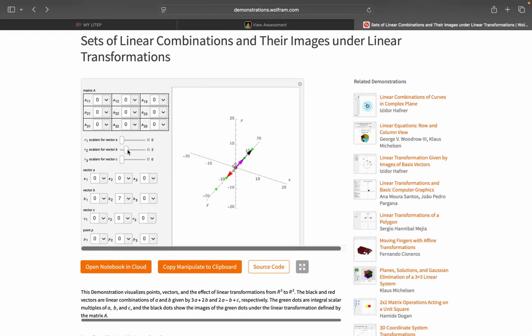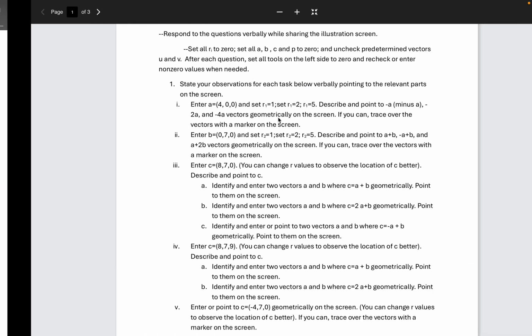And once we do times 5, we can see that we don't have enough space right here. But what it means is that it would go up to 7, that is the value of the vector, multiplied by 5 would be up to 35 in the positive y direction.